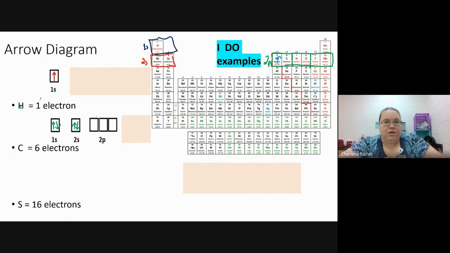So I'm going to color code it. Element number 5 is the blue arrow. Element number 6 is going to be the purple arrow. And it spreads out to this box. It goes up in its own box.